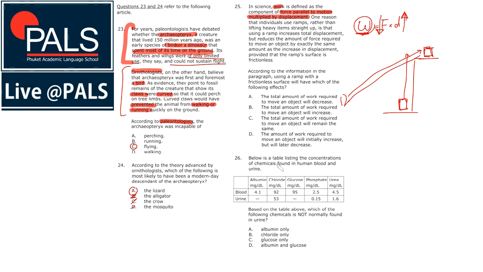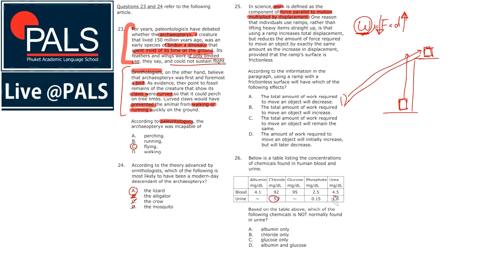Below is a table listing the concentrations of chemicals found in human blood and urine. In the blood we have albumin, chloride, glucose, phosphate, urea. In the urine we have no albumin, chloride yes but less, no glucose, much less phosphate, and urea.